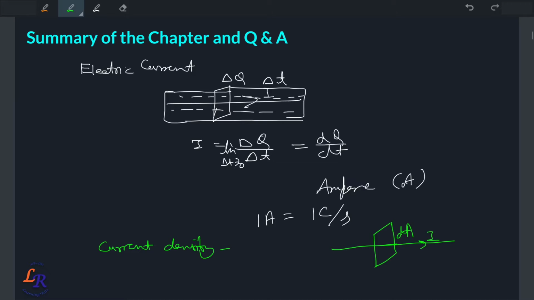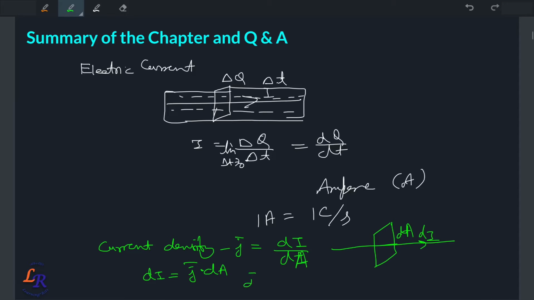Current density is defined as vector J, which is equal to di by dA. This is the current per unit area flowing through a conductor, and in other terms you can write the current as the dot product of vector J and the area.